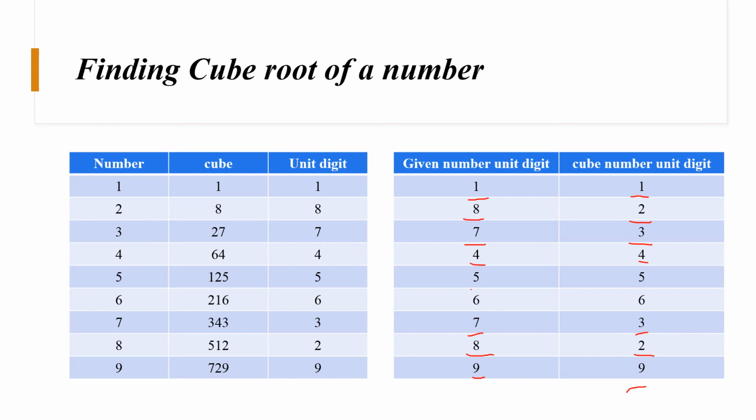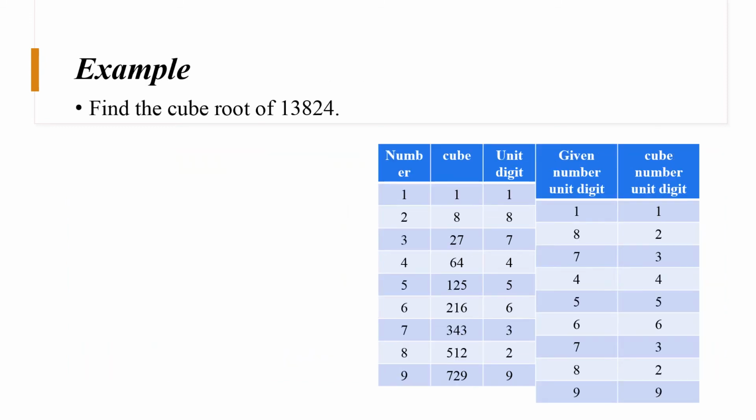In this problem, they ask you to find the cube root of the number 13,824. Before solving this problem, we need to remember one important thing. That is, if the given number is 4 digit, 5 digit or 6 digit, the answer will be in 2 digits.